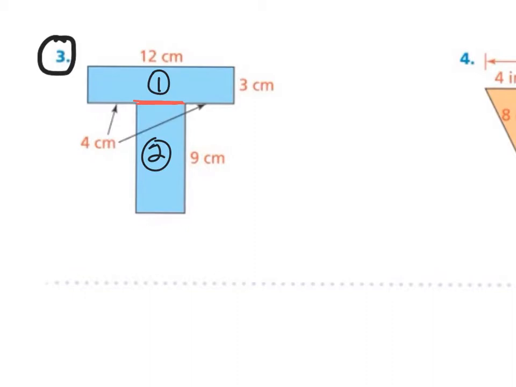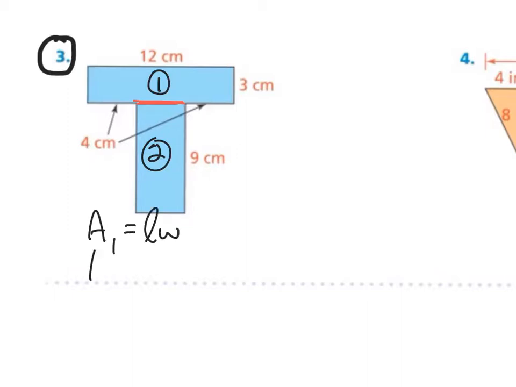Another option would be to split it vertically and create it as a rectangle and 2 other little rectangles on the side, if you can picture that. Okay? Again, if you chose something other than this, we will see you at the answer, hopefully.